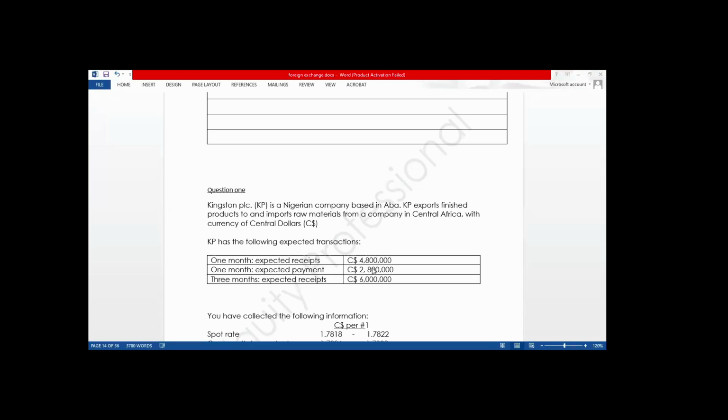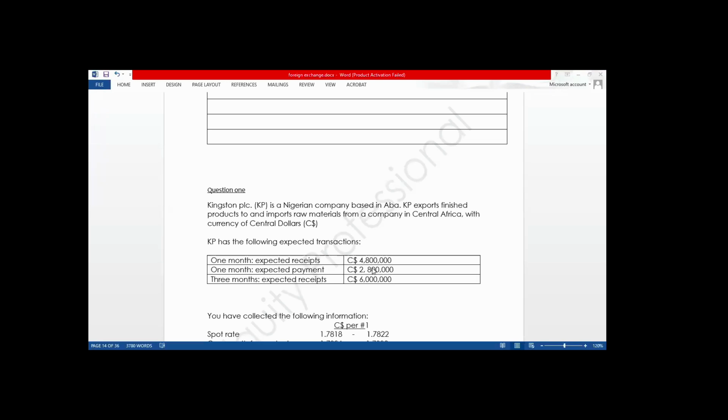Kingston PSC, in brackets KP, is a Nigerian company based in Aba. KP exports finished products to and imports raw material from a country in Central Africa with currency of central dollar.